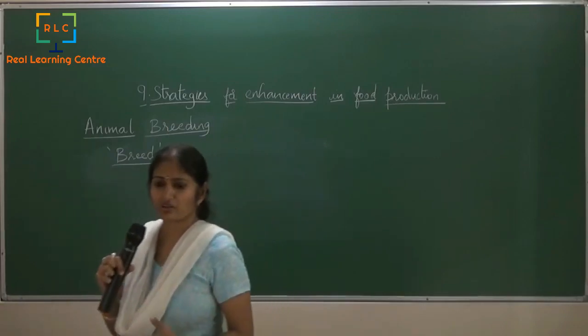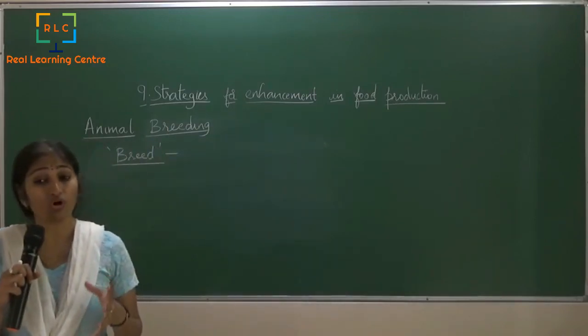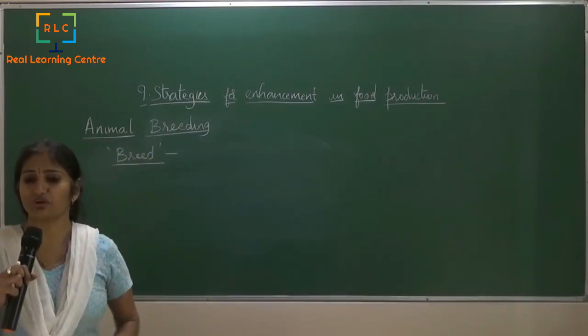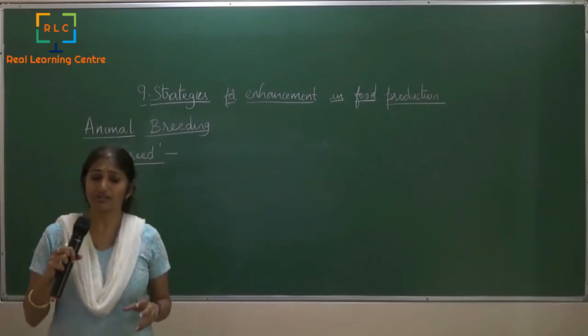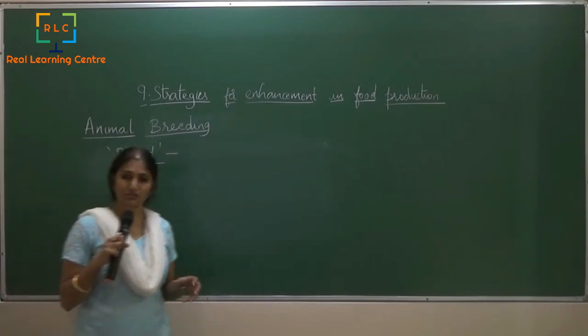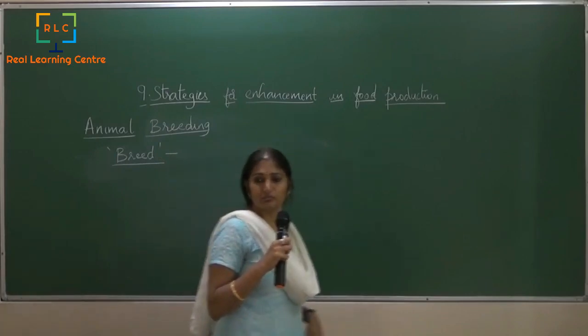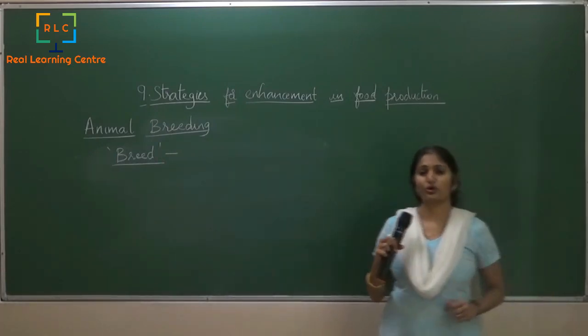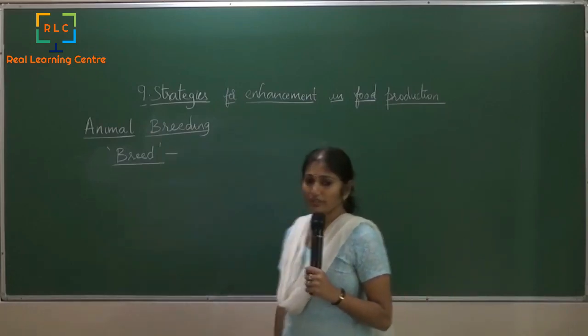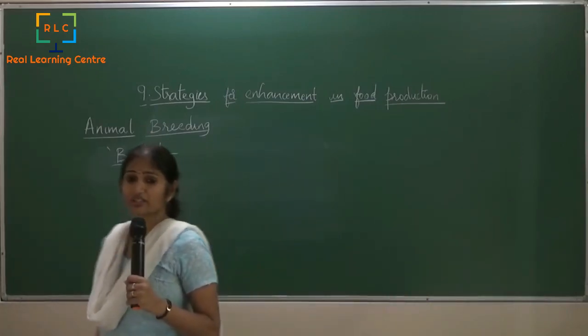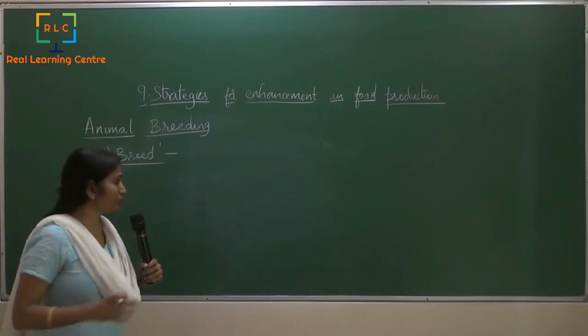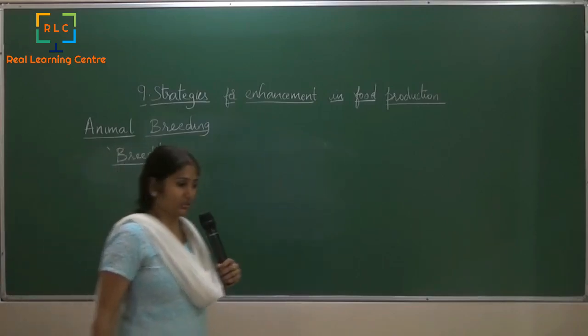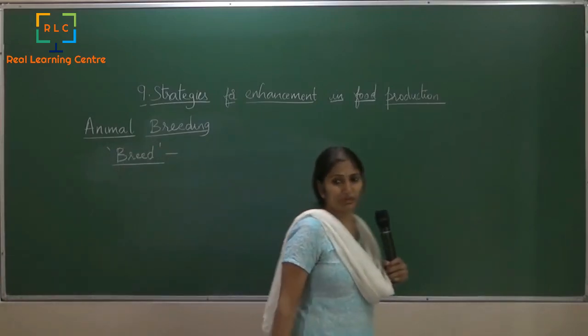So their yield or disease resistance, all this is very common. In fact, that's the reason why we have breeds in cattle, many different types of breeds in poultry, and so on.